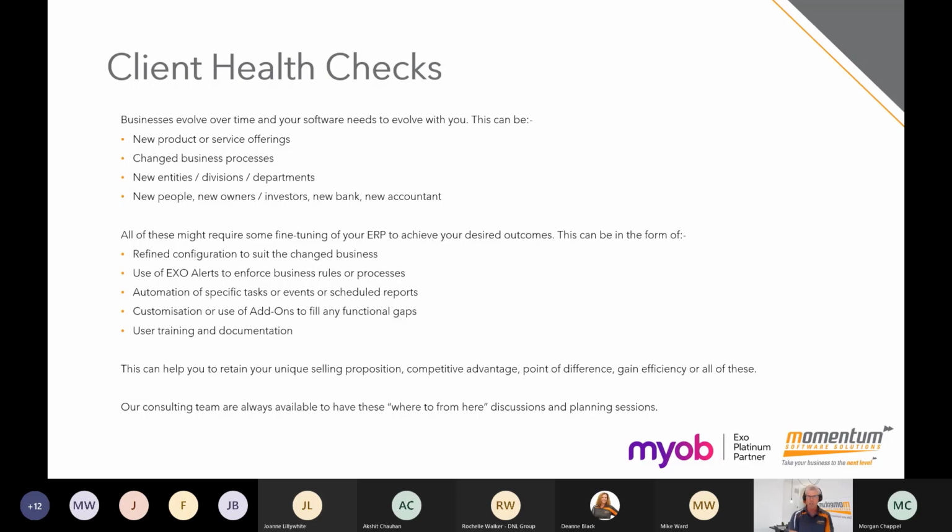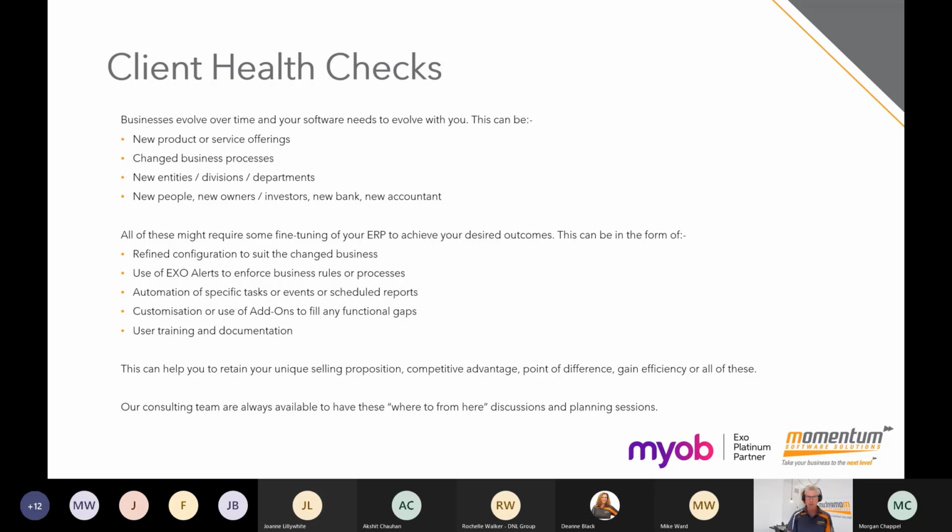Any or all of those things might require some changes to your system. Every day we talk to people who are doing things manually that could be done more elegantly with a little bit of working with team Momentum. So those types of things might just require some fine tuning of Exo for you.